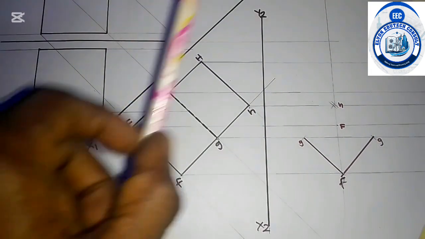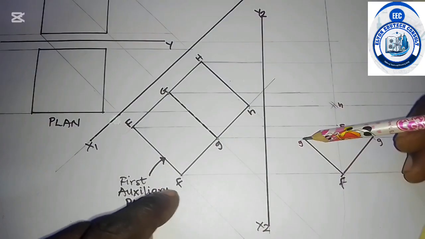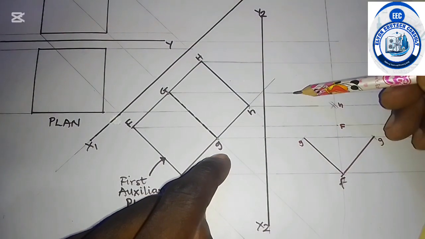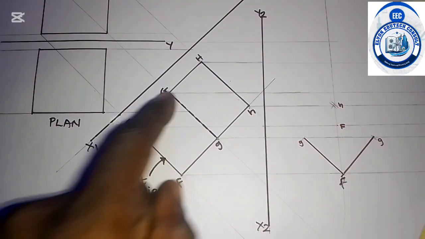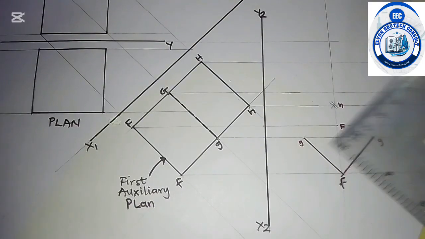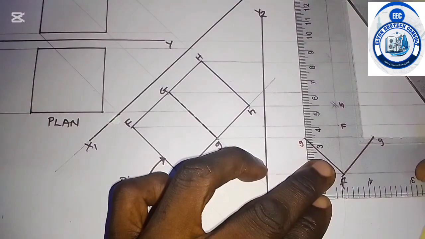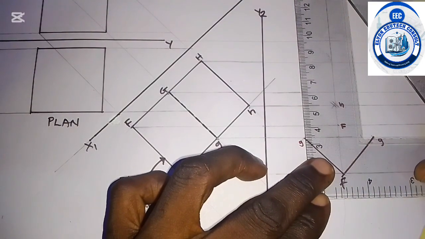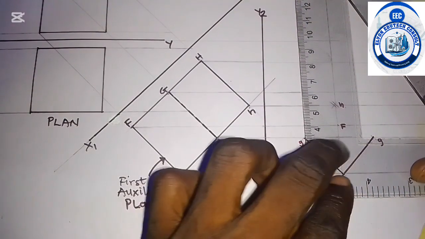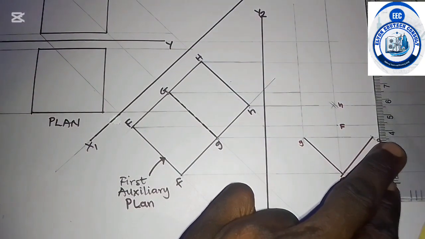Now at this point, I'm going to produce a vertical, which is connected, small g is connected to capital G here at both sides. So I'm going to produce the line this way, and at this other side as well.